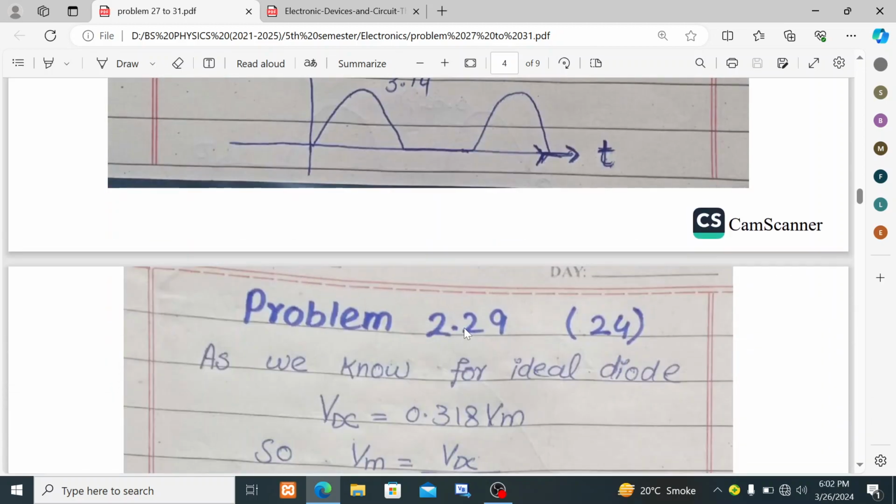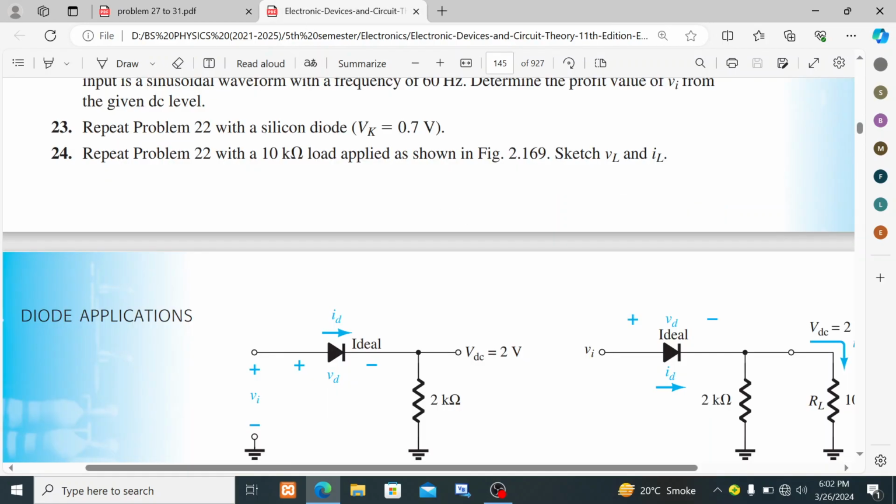Now the problem is 2.29 from printed version, and from PDF version is 24. First we read the statement: repeat problem 22 with 10 kilo ohm load applied as shown in figure.